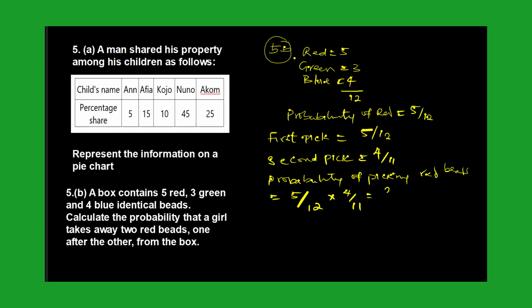That will be 20 over 12 times 11, which is 132, which equals 5 over 33. That's our final answer.